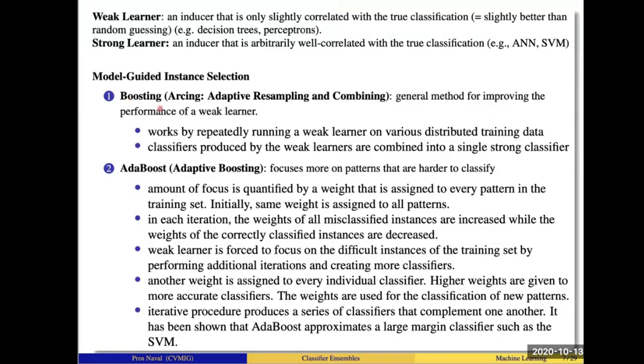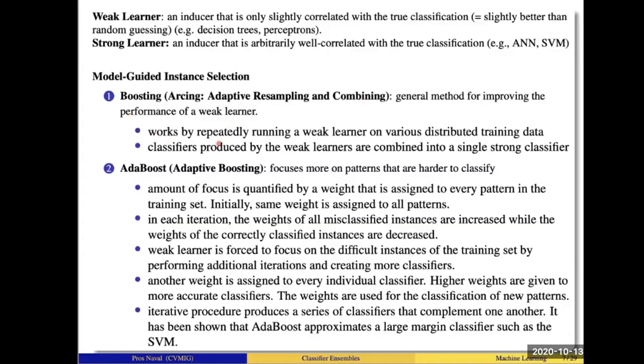One is called boosting. It's also termed arcing, which stands for adaptive resampling and combining. This term is rather old. The more modern term is called boosting. It's a general method for improving the performance of a weak learner.